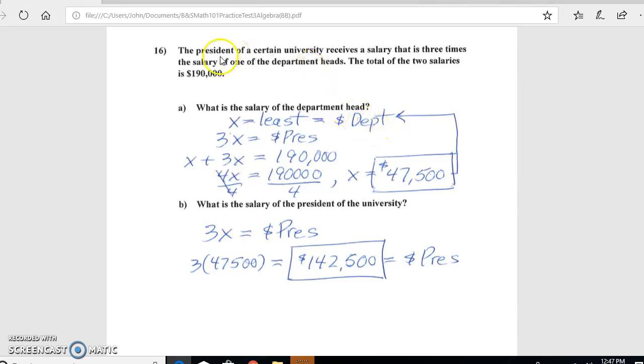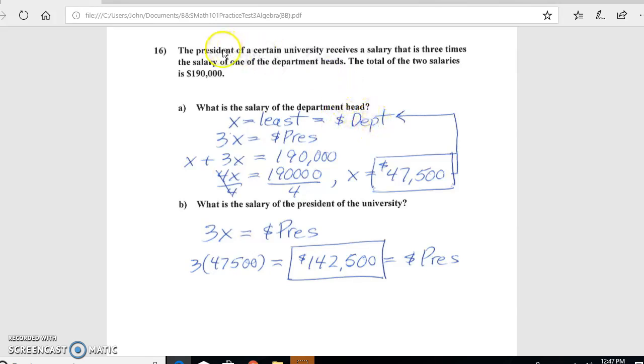And we know that because the sentence tells us that the president receives a salary 3 times the salary of the department heads. So the department heads have the least salary, and we're going to make x equal to the salary of the department head.